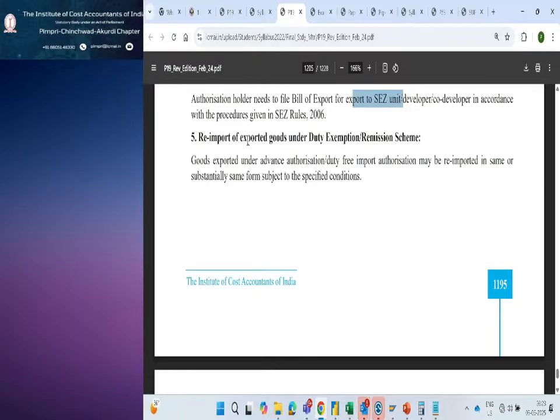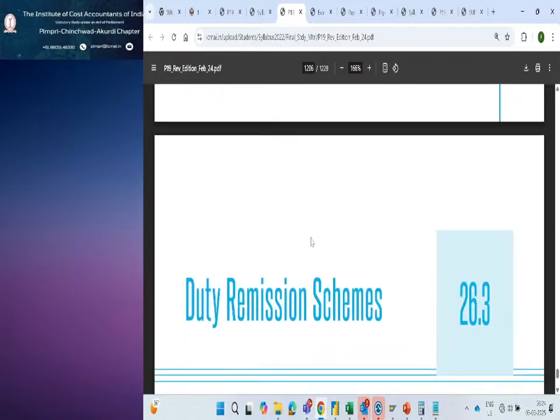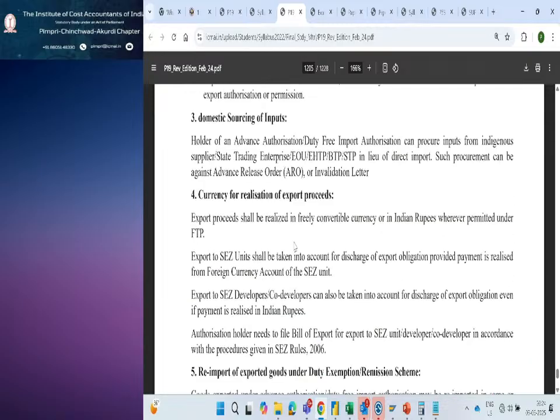And re-import of exported goods under duty exemption or remission: the goods exported under advance authorization or duty free import authorization may be re-imported subject to the specified conditions. Suppose you are re-importing, then with the specified conditions we can do so.